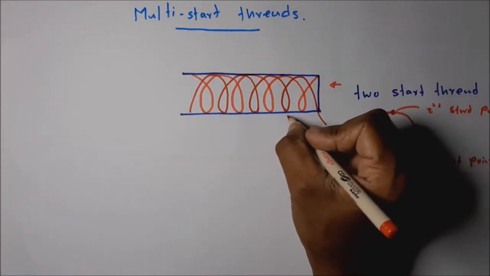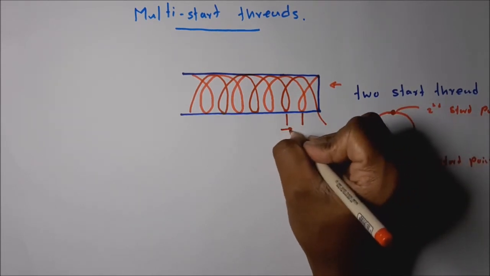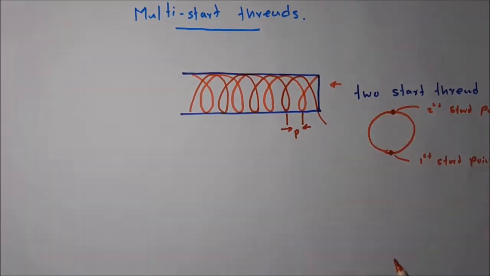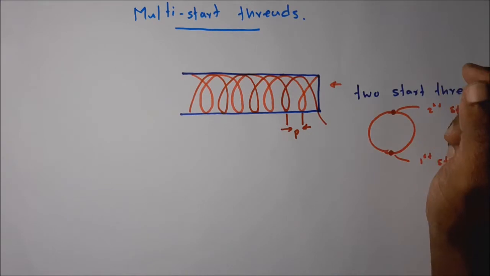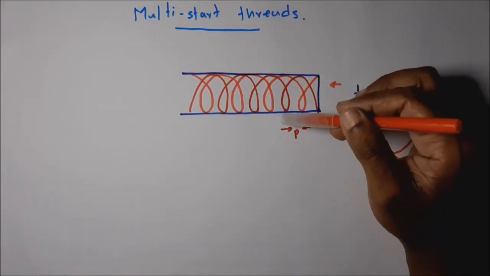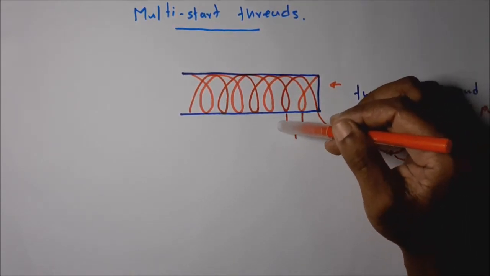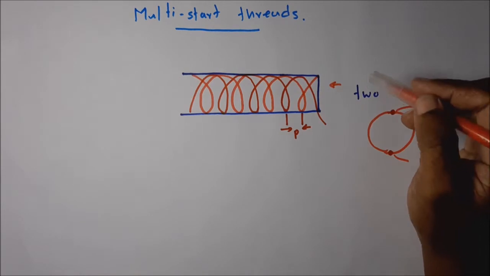The distance between two similar points on the screw is called the pitch. Okay, these 2 points may be on different threads. This is one thread, this is another thread, but the distance between the two similar points is called the pitch.